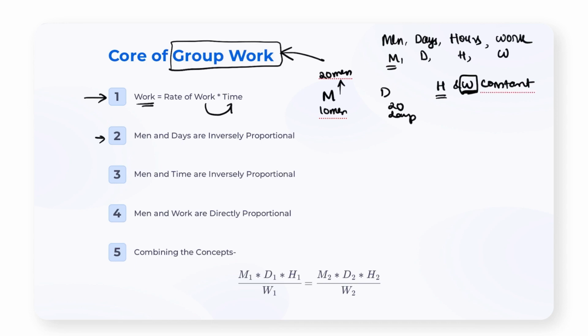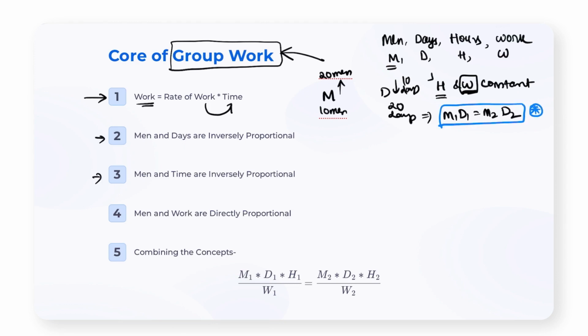Not really, right? The number of days now is going to decrease to 10 days. Instead of 20 days, you will take half the number of days because you've increased the number of men. So in other words, men and days exhibit an inverse relationship with each other, given W and H are constant. So I can represent this as M1 D1 equals M2 D2.